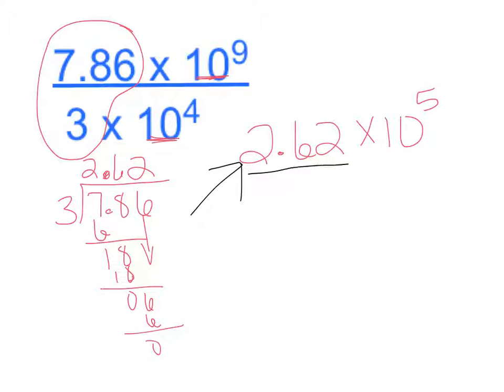Look at your first number. Is it greater than or equal to 1? Is it less than 10? Well, yes, it is. Good job. Now that we've looked at the first number, we know it's good to go. The rest of it, the times 10 to the 5th, well, we didn't change the place of our decimal any, so we didn't need to add or subtract anything to that exponent, so we're good.